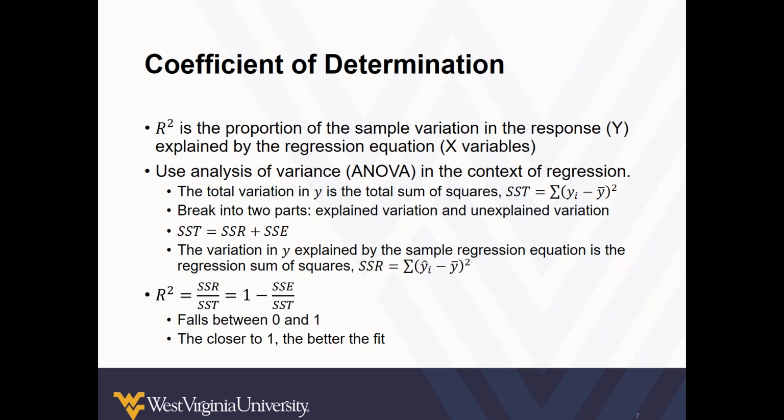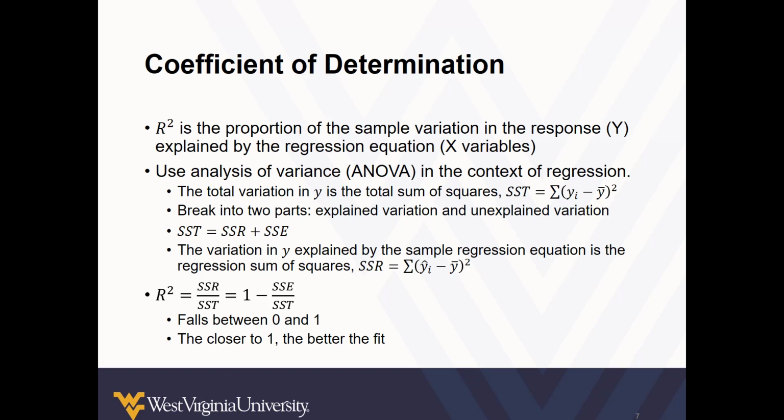R squared is our coefficient of determination, and it is the proportion of the sample variation in the response, or y variable, that is explained by the regression equation, or our x variables. It uses ANOVA in the context of regression. So the total variation in y is the total sum of squares.